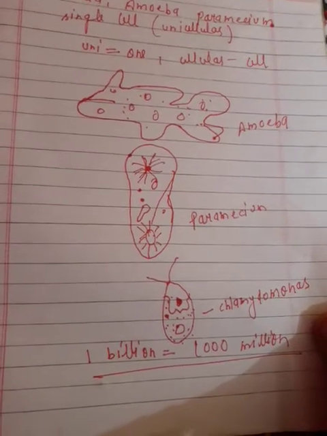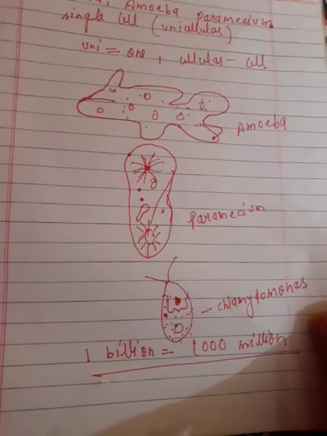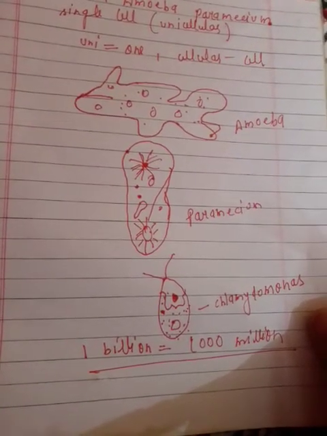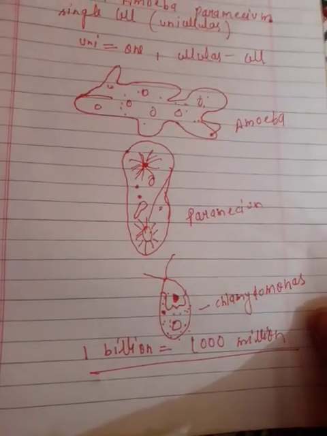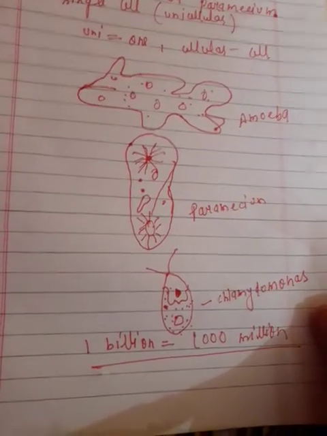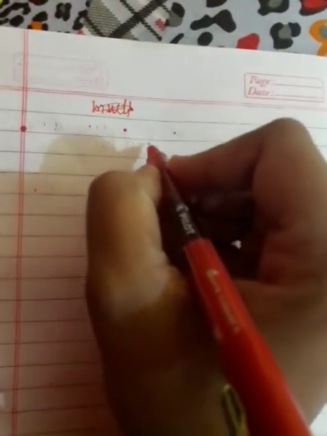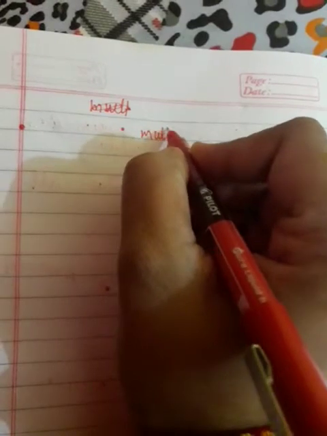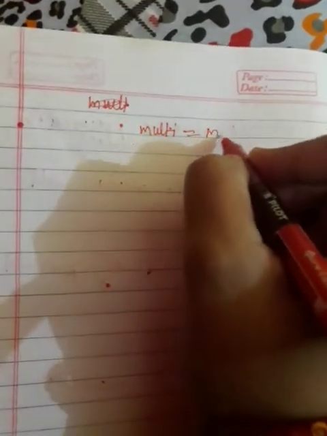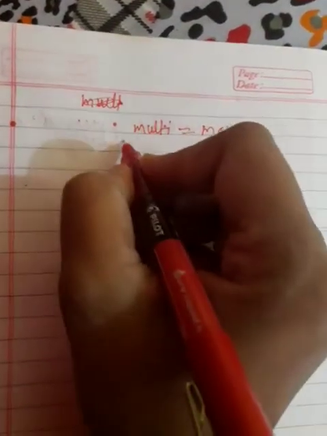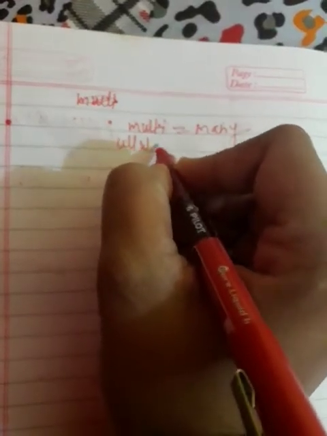Animals, if they consist of more than one cell, are called multicellular organisms.